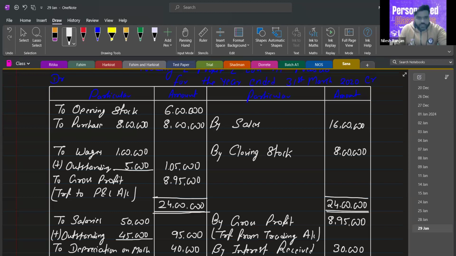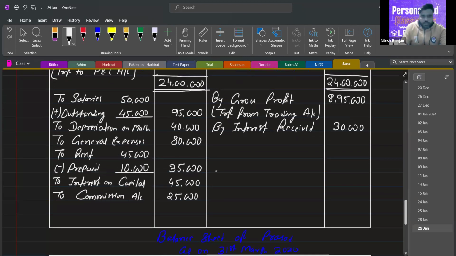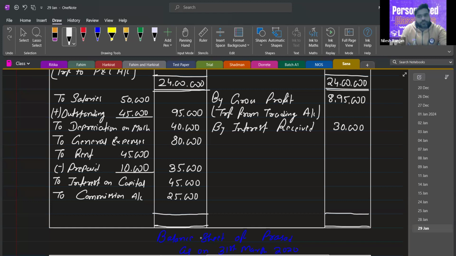Tell me, is there any doubt you have here? Okay, so now the total of profit and loss. Which side do you think is more? It is credit side, 9 lakh 25,000.